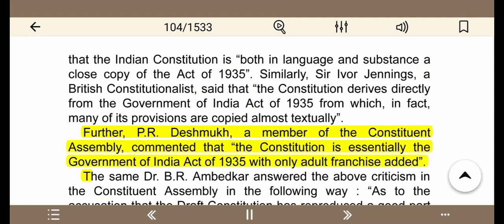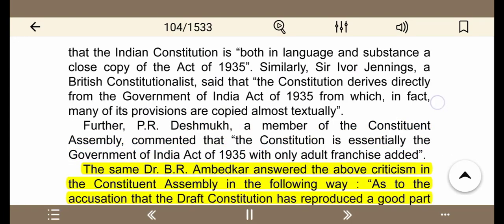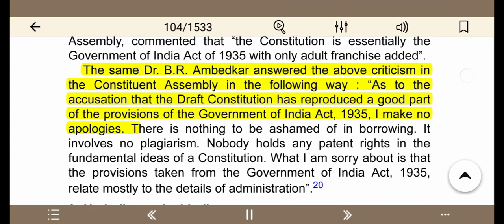Further, P.R. Deshmukh, a member of the Constituent Assembly, commented that the Constitution is essentially the Government of India Act of 1935 with only adult franchise added. The same Dr. B.R. Ambedkar answered the above criticism in the Constituent Assembly in the following way: "As to the accusation that the draft constitution has reproduced a good part of the provisions of the Government of India Act, 1935, I make no apologies.